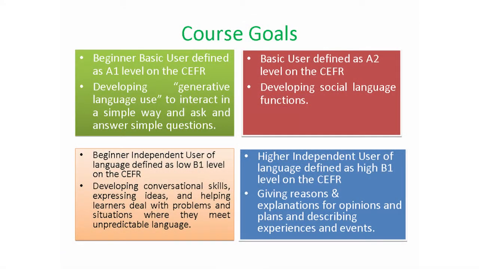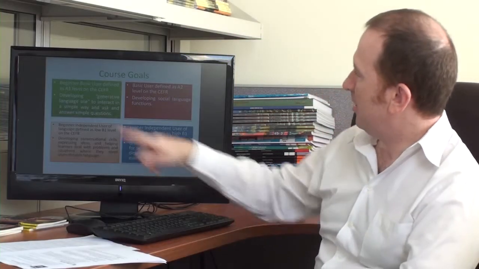They are essentially the level of proficiency that students are expected to have attained by the end of the course. They are very general statements about the level of proficiency of the students, and they are expressed in terms of the Common European Framework of Reference for Languages.